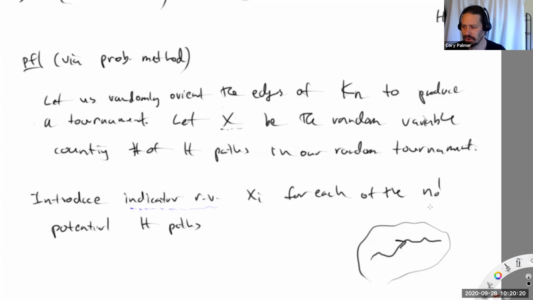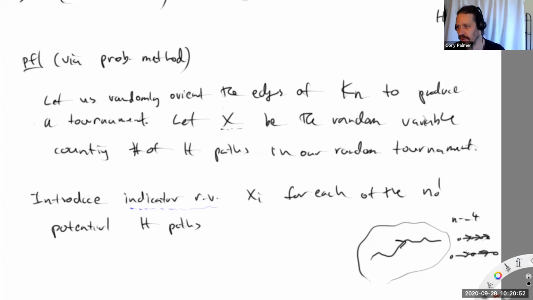Where does n factorial come from? Why are there this many candidate Hamiltonian paths? There's one for each ordering of the vertices of my graph. So say n equals 4 for a second here, and I've got 4 vertices. If I lay them out 1, 2, 3, 4, that's potentially a Hamiltonian path, 1 to 2 to 3 to 4, but also 2 to 3 to 4 to 1 is a potential one.